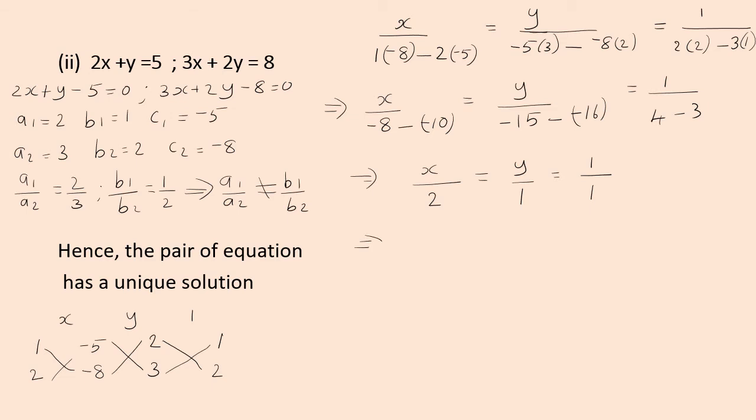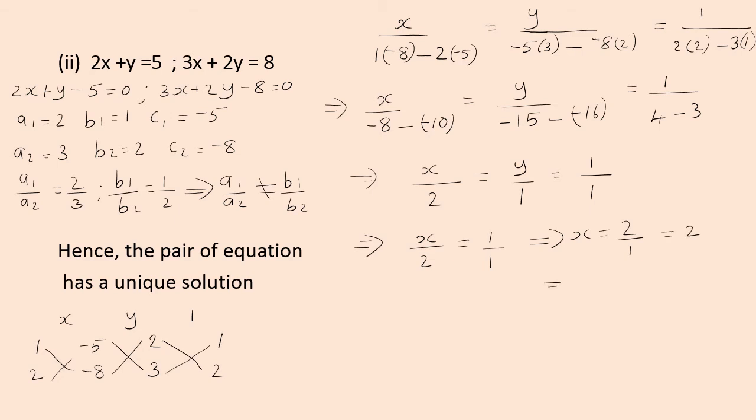Now you have to equate the first member and the last member, and do the cross multiplication to get the value of x. For that, x upon 2 equal to the third member, that is 1 upon 1. From this you will get x equal to 2 multiplied by 1, that is 2 upon 1, that is equal to 2.